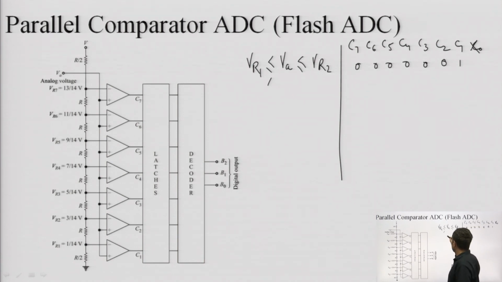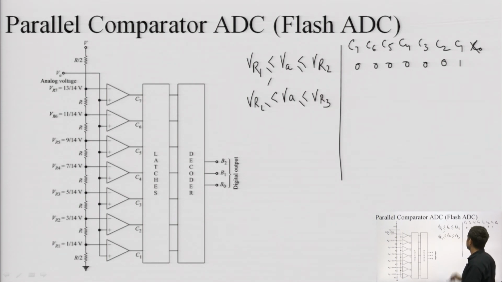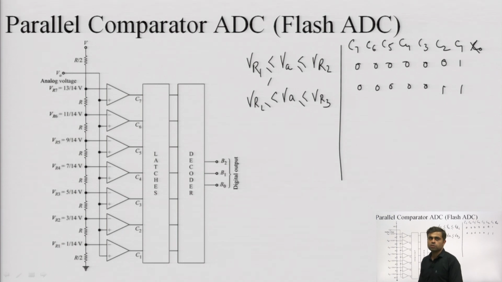Similarly, for the second case, if VA is greater than or equal to VR2 but less than VR3, then C1 and C2 will be giving me high outputs, but C3, C4, C5, C6, C7 will all be giving me 0 outputs.